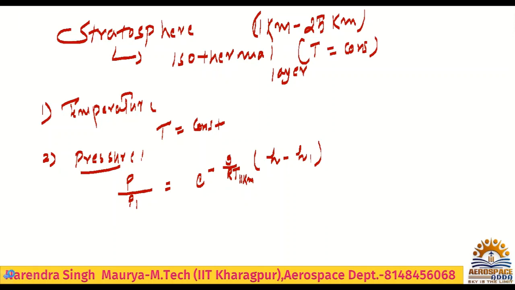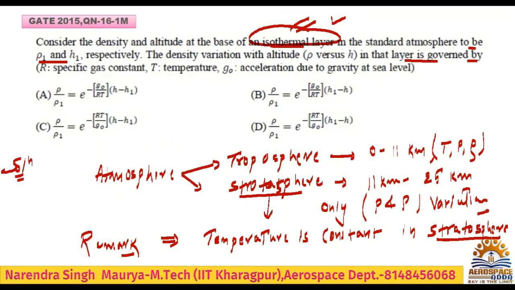If you check here, they have given density versus altitude, so h is the altitude, and the standard atmosphere to be rho 1 and h1. So rho 1 and h1 is the altitude which is given. Consider the density and altitude at the base of an isothermal. Base of isothermal means at 11 kilometer. At 11 kilometer, what altitude are you considering here? h1.